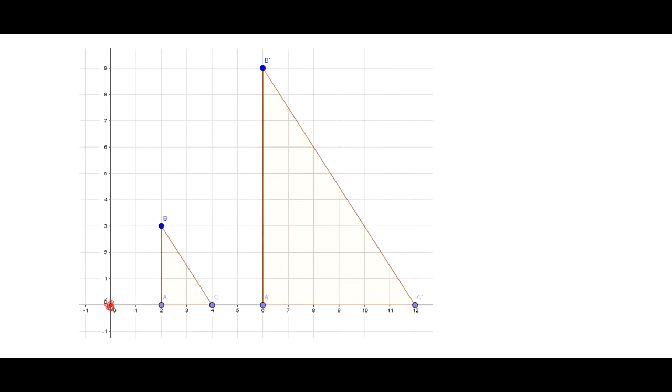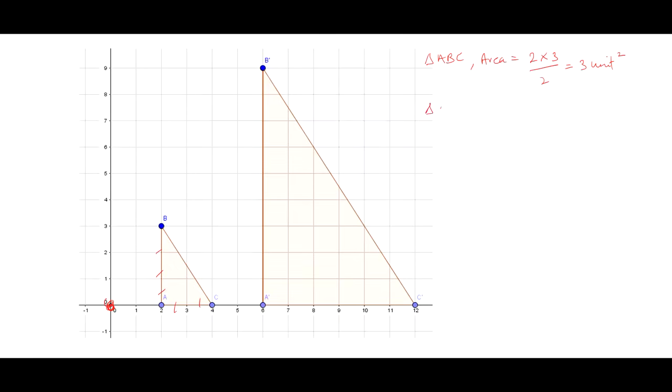In the first triangle, triangle ABC, the area is equal to base times height over 2. Your base in this case will be 2 units, multiplied by the height, which is 3. So it's base times height over 2, which gives me 3 units squared, because area is measured in squared units.